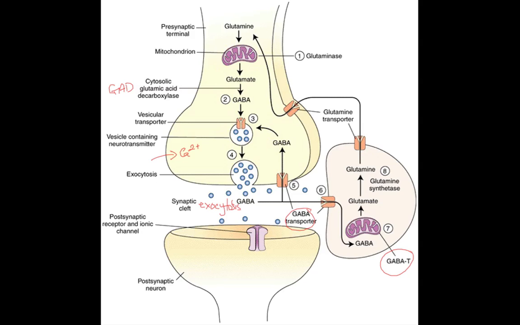So the enzyme that converts GABA to glutamate in the glial cell is GABA transaminase. The glutamate is then converted to glutamine using the enzyme glutamine synthetase. Glutamine passes through the glutamine transporters and enters the presynaptic neuron via its glutamine transporters. There it goes through the process again, where the glutamine is converted to glutamate and then to GABA, and so on.